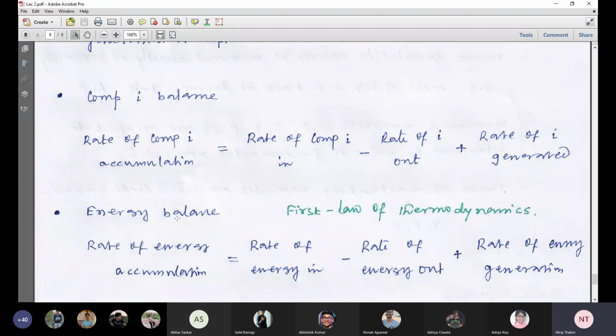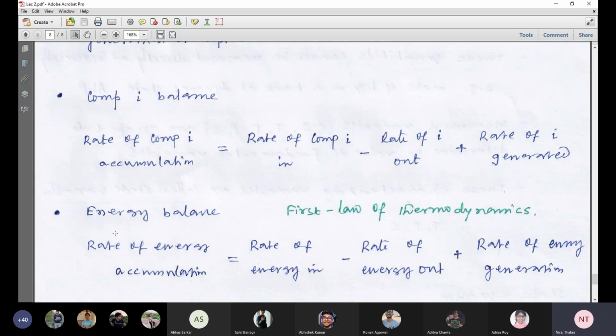What I told, within this left hand term, one variable is present. That is state variable. As mentioned previously, one variable is present within this accumulation term that is identified as state variable.